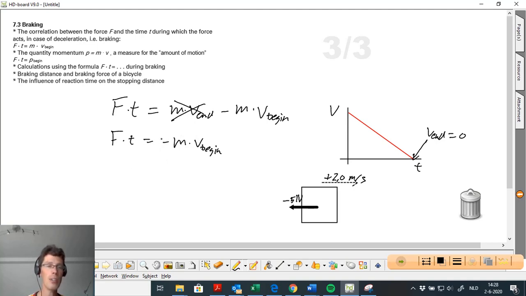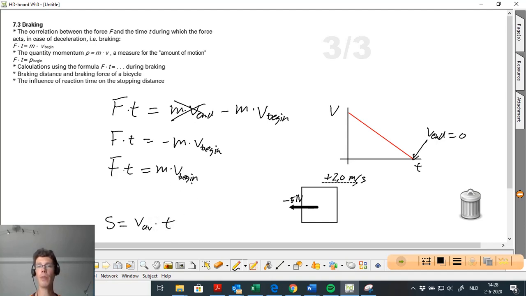It is usually easier to just ignore this, so you can work with the formula like this and fill in positive numbers for every symbol. This allows you to calculate the braking distance of an object, but you need some extra formulas to do this, because you can calculate the covered distance using S equals V average times time.